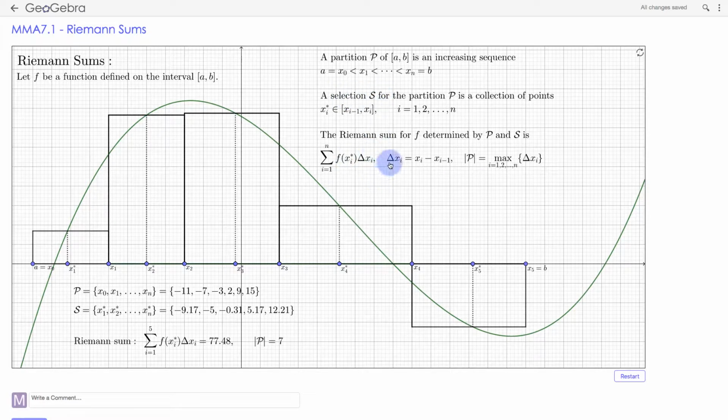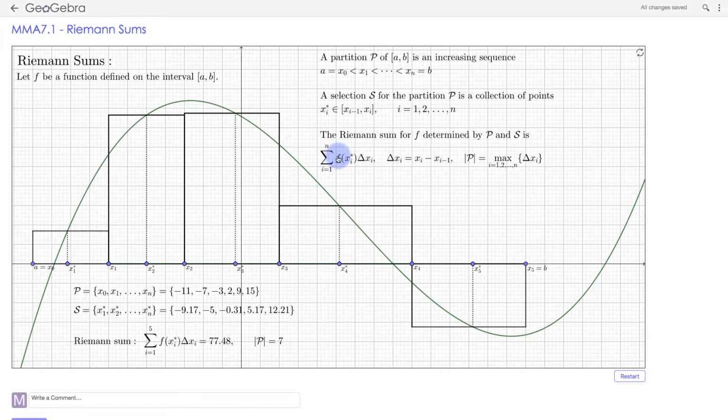And the delta xi is the length of each subinterval. So if you have an interval from xi minus 1 to xi, the length of this interval will be the difference of the two numbers, the bigger number minus the smaller number. So this is just the length.